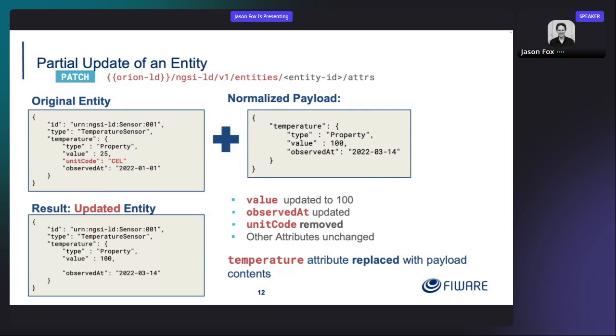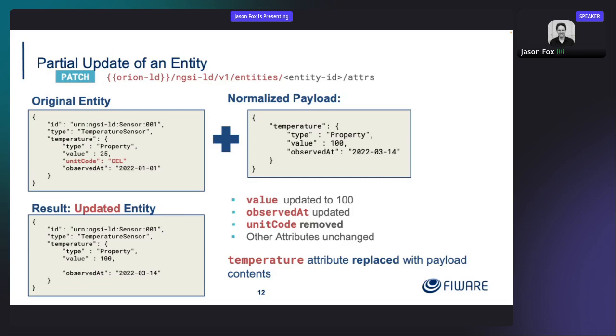This is very useful if you want to make sure that everything is highly consistent, because obviously if you fail to put an observed at in, it won't be part of our temporal series. You can see that unit code is missing.